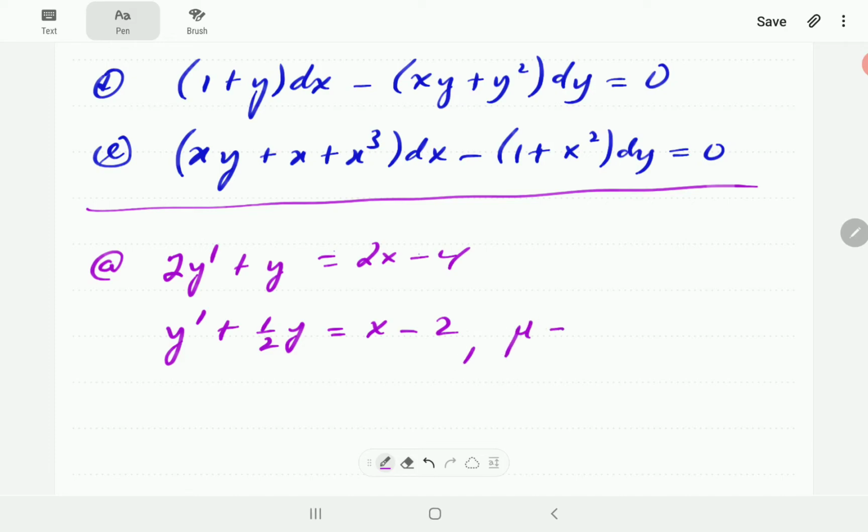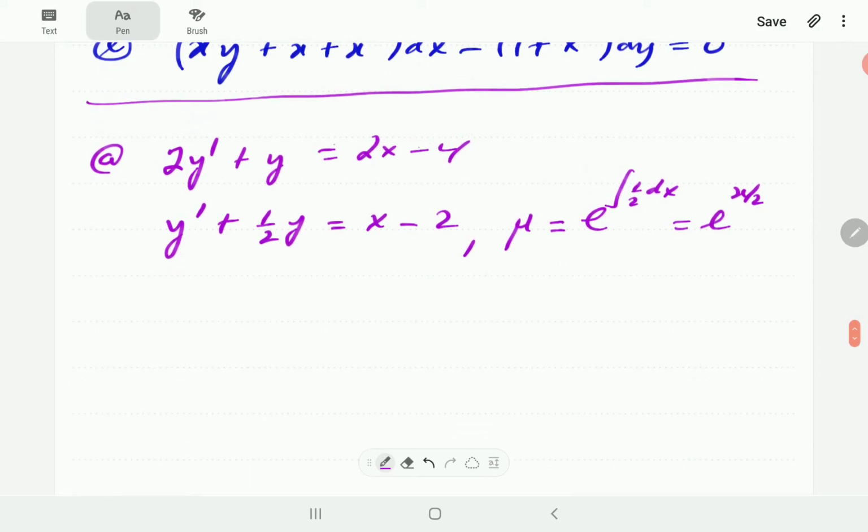Then the integrating factor mu is going to be e to the power of integral of p. P is 1/2, so this is going to be e to the power x over 2.